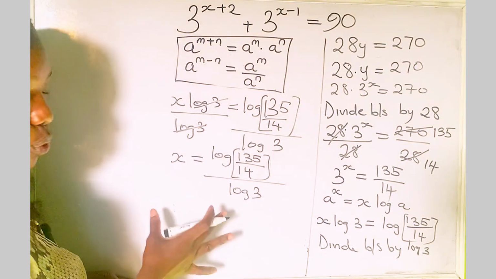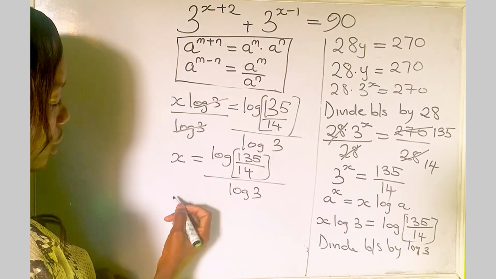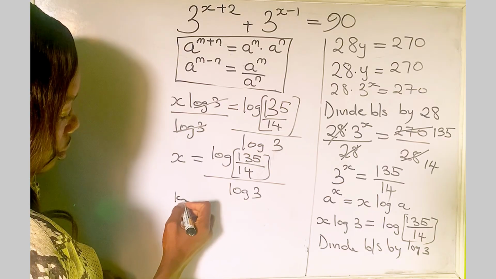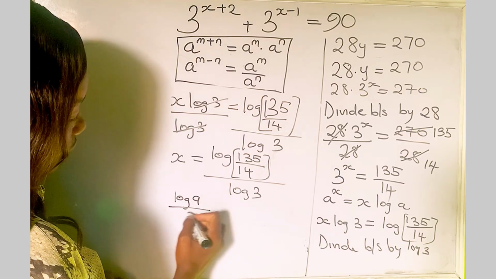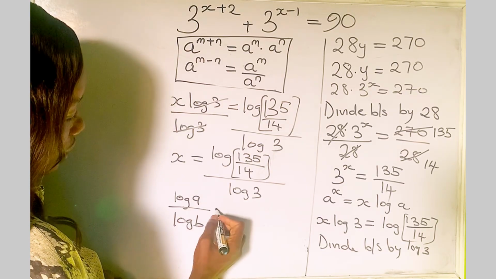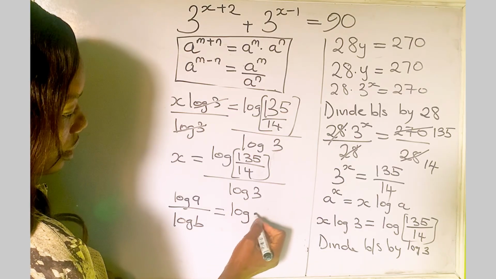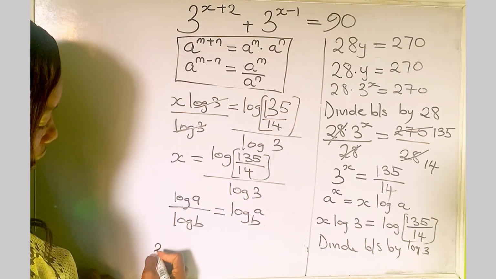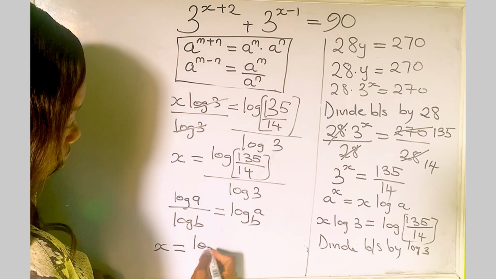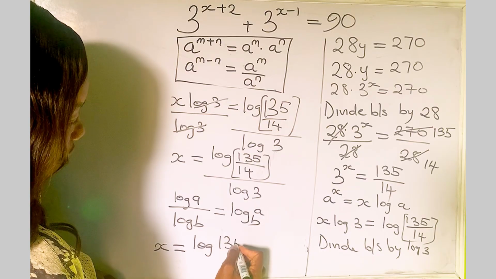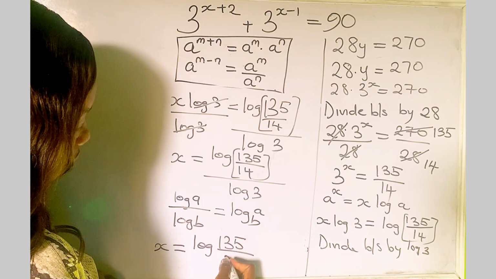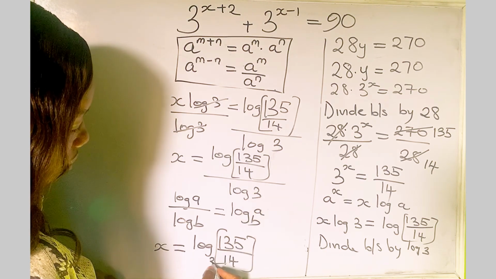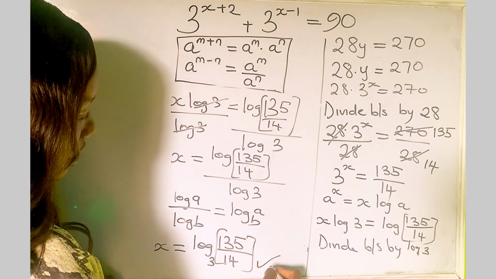Another rule would be when you have log a over log b, it is the same thing as log a base b. So let's do that here. So that means x is equal to log 135 over 14 base, what? 3. This is our final answer.